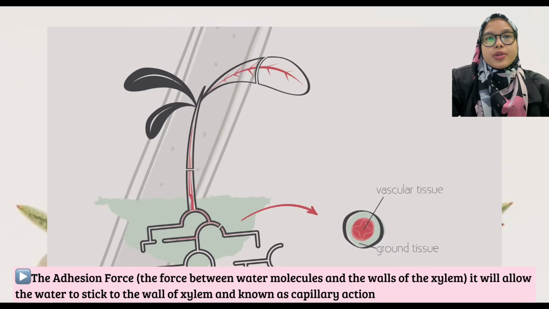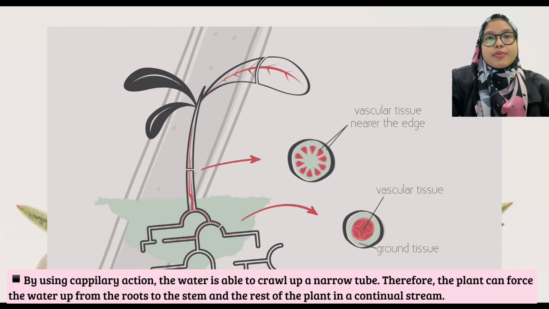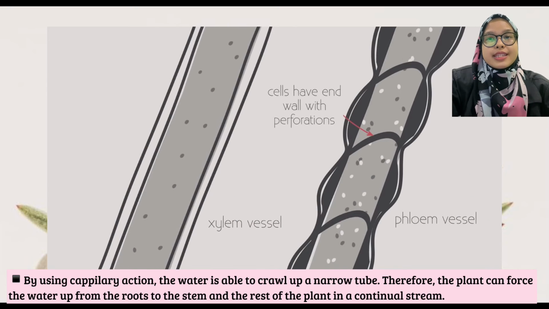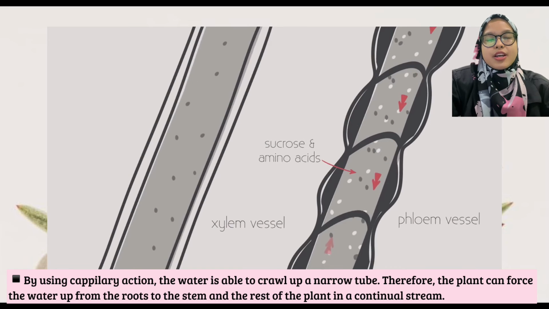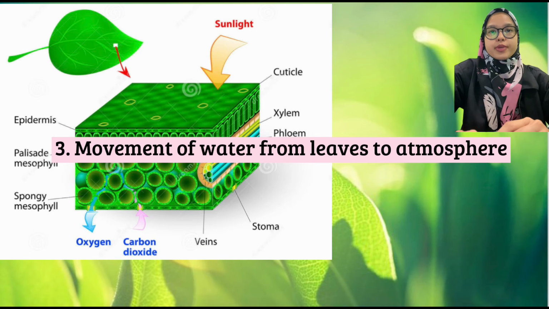It will allow the water to stick to the wall of the xylem, known as capillary action. By using capillary action, the water is able to crawl up a narrow tube. Therefore, the plant can force the water up from the roots to the stem and the rest of the plant in a continual stream.